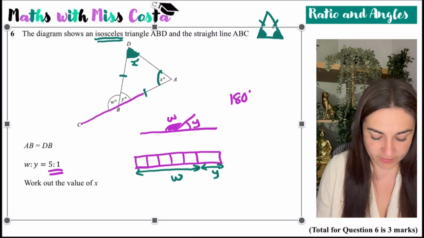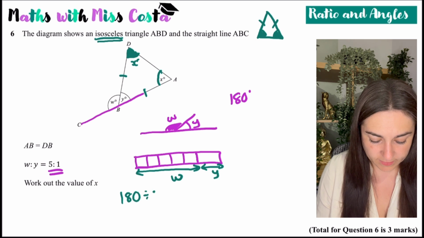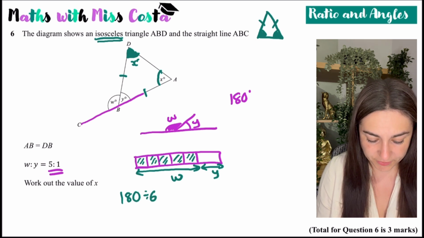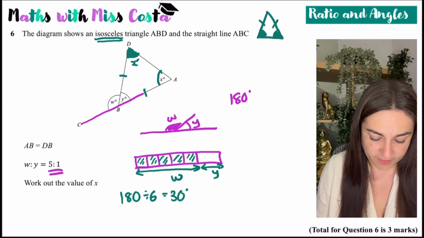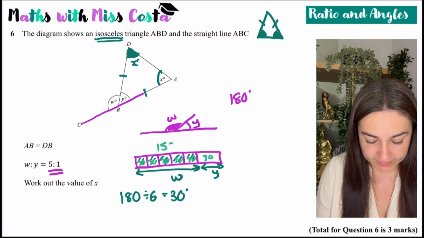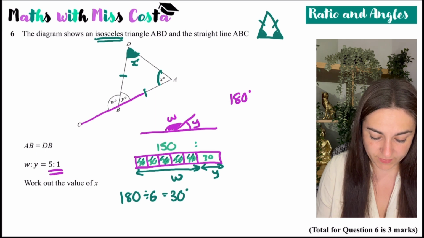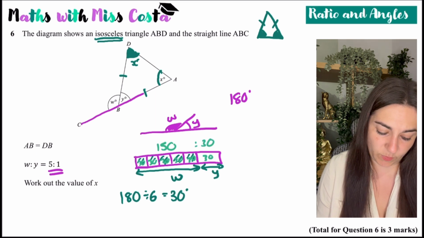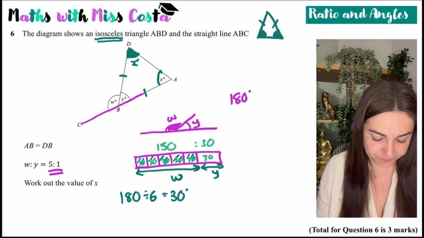So I do 180 divided by 6, because there are 6 parts in total, which is 30 degrees, which means that each of these parts is 30 degrees. W makes up 5 of those parts, so that's going to be 5 times 30, which is 150, and Y is one of those parts, which is just 30.